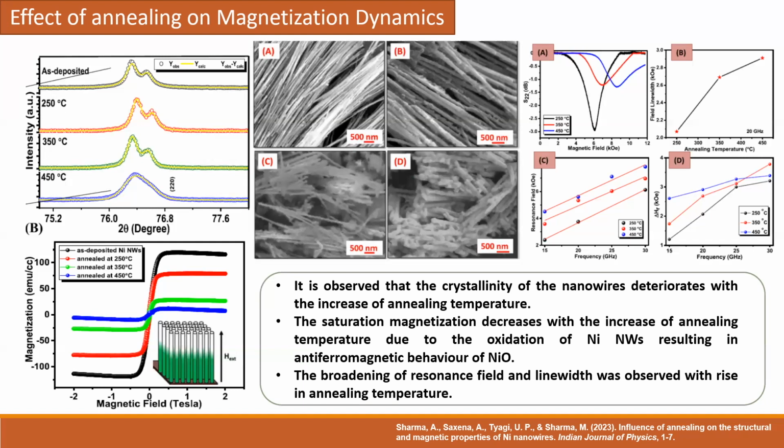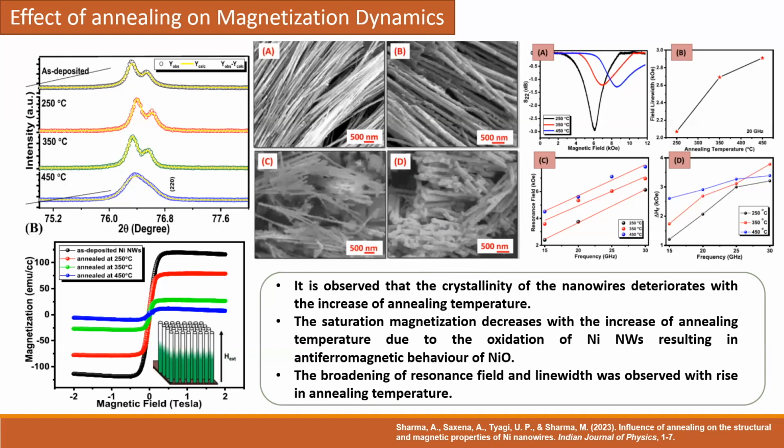The surface becomes rougher, so the surface starts oxidizing, and my nanowires are becoming more hazy as compared to the as deposited nickel nanowires. So the oxidation of this structure happens at this particular point.